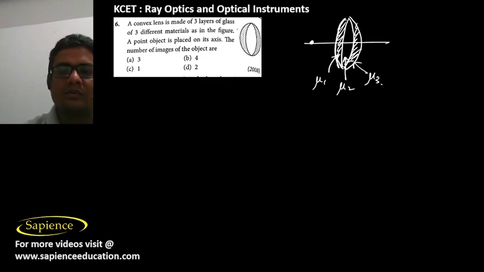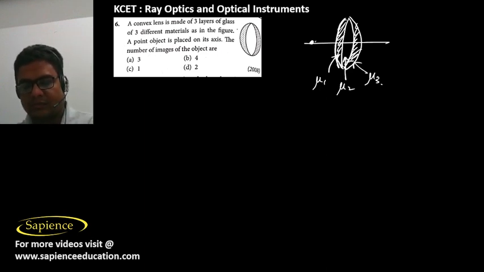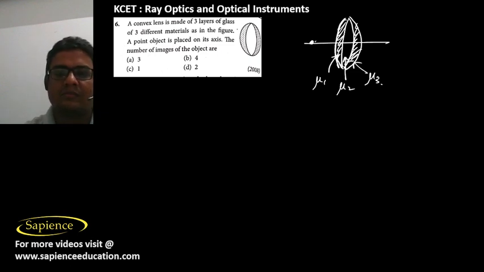Only one image will be formed, since these are thin lenses, so this combination will act like a single equivalent lens.